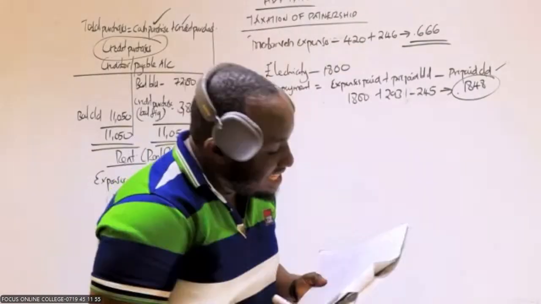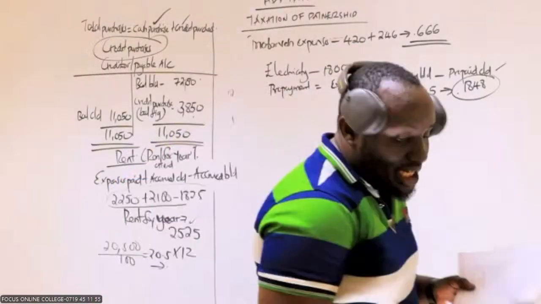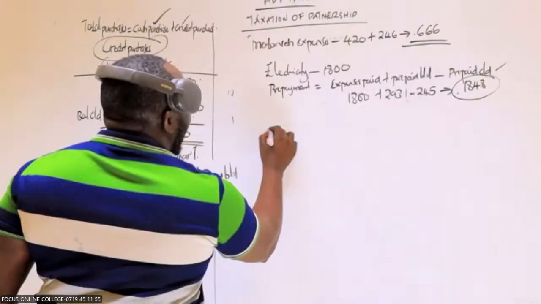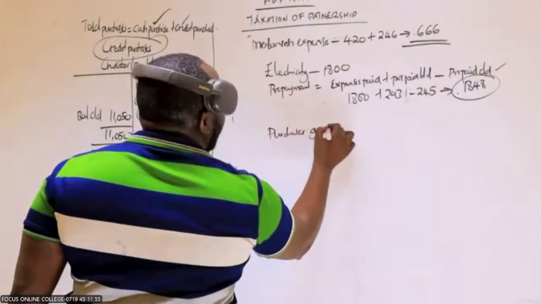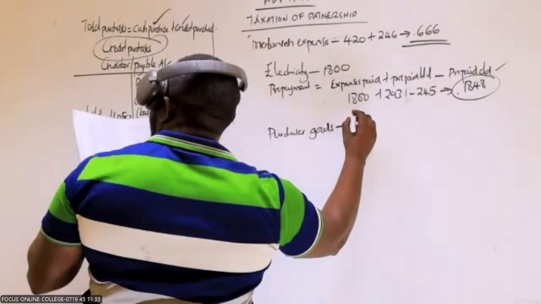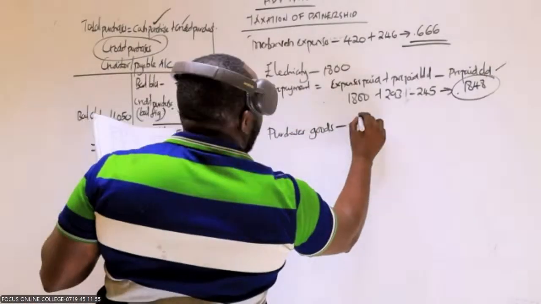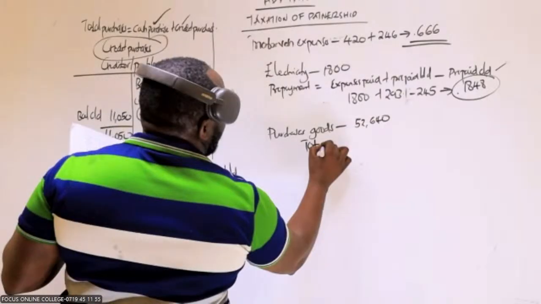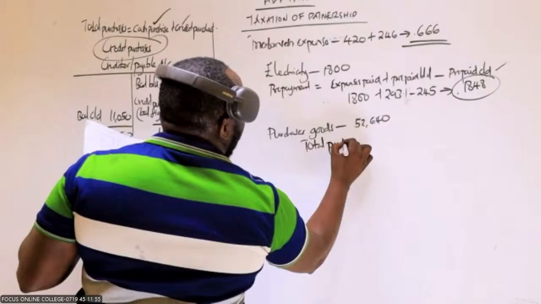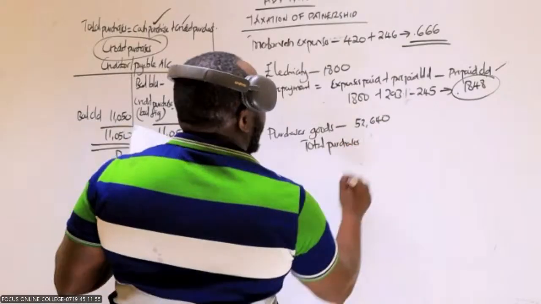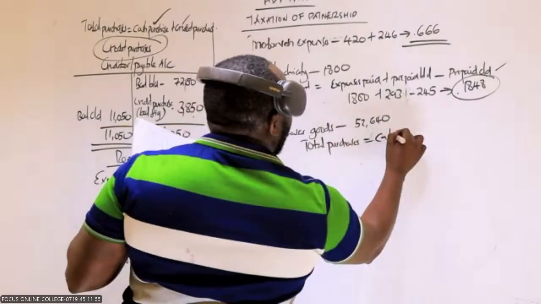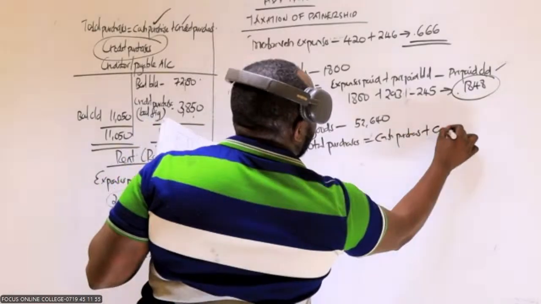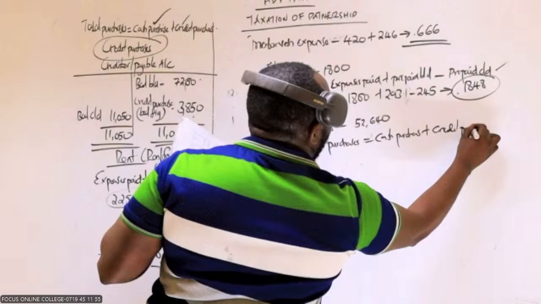So the next we have what is called purchase of goods. I'm given purchase of goods, and that is a total of 52,640. So remember, I did say that total purchases is equal to cash purchases plus credit purchases. So we have these figures to get the total purchases.